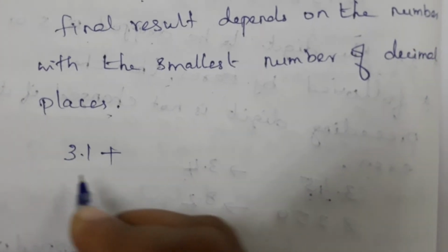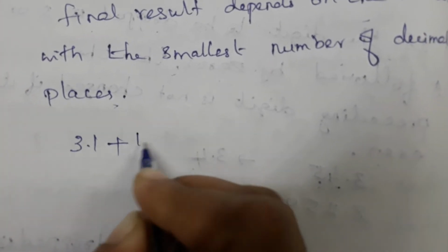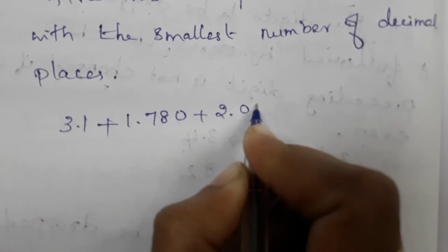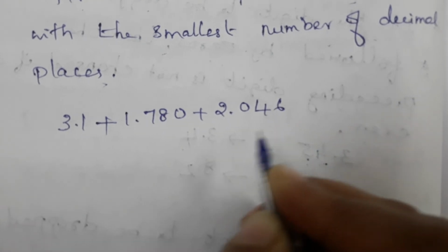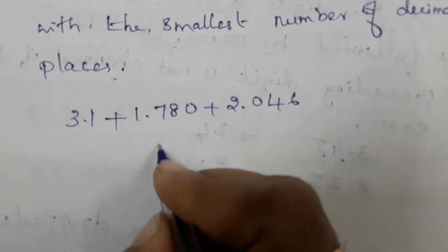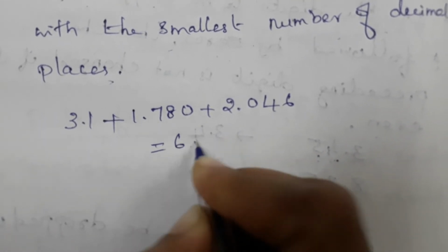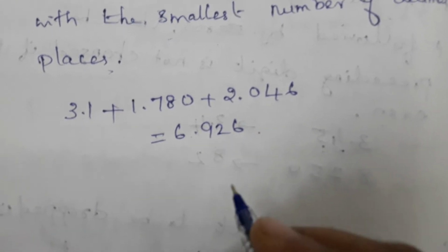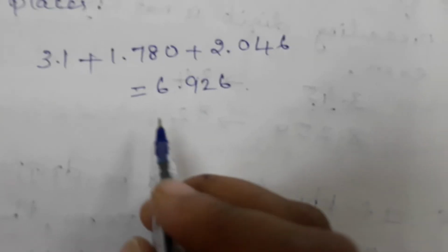3.1 plus 1.780 plus 2.046. When we are adding these numbers, we will get the answer as 6.926. How can we round off this?